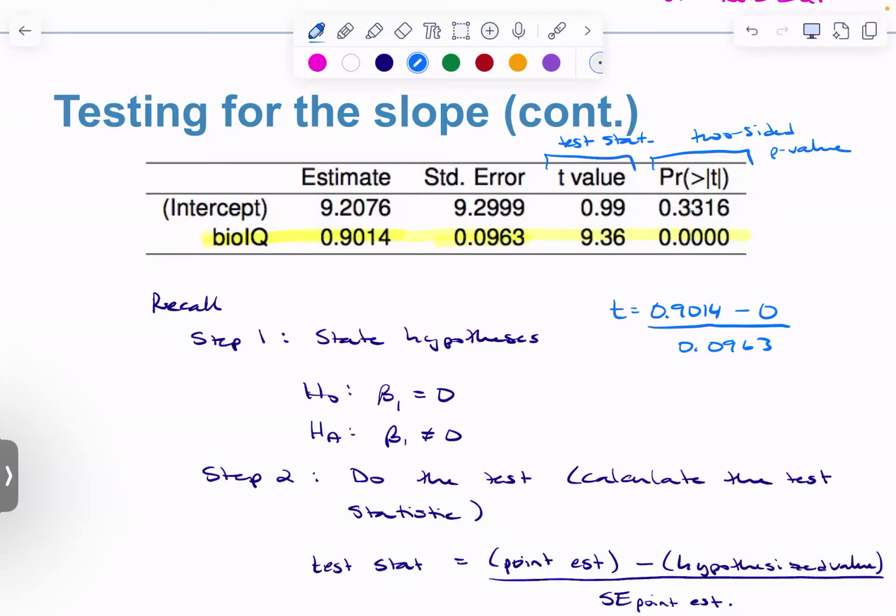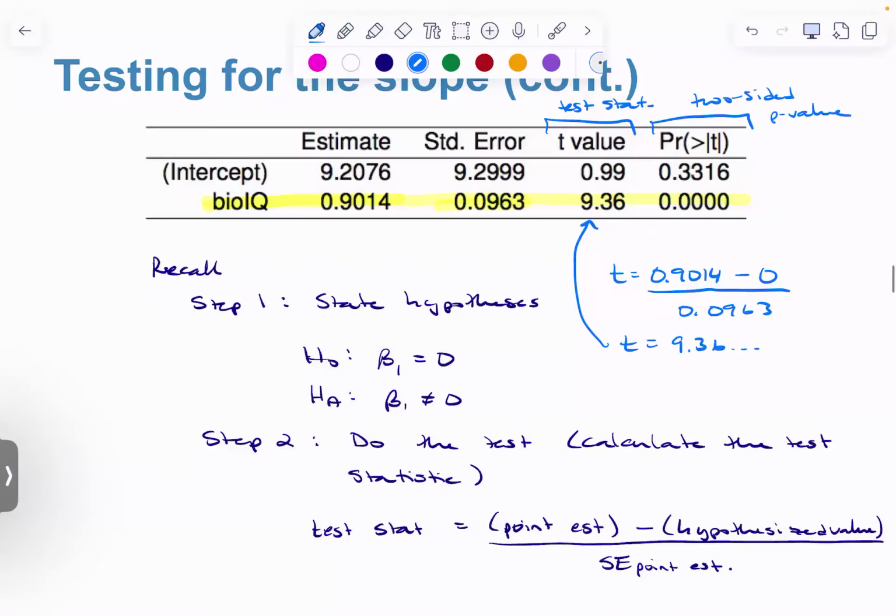Divided by 0.0963. Phew. 9.36, blah, blah, blah. But that's given to us. So we don't even need to do any calculations, right, for step 2, which is really cool.